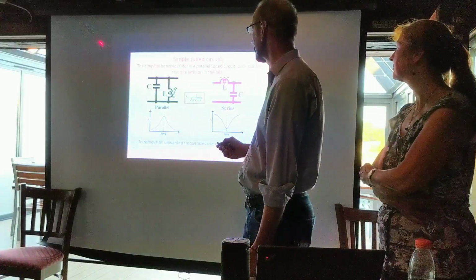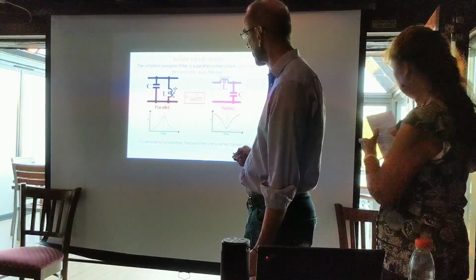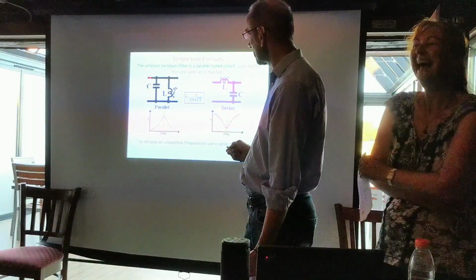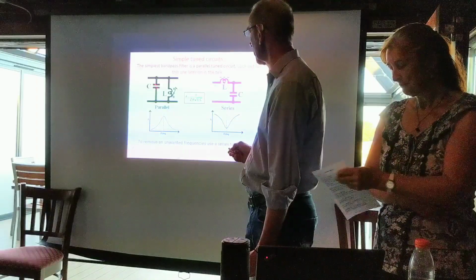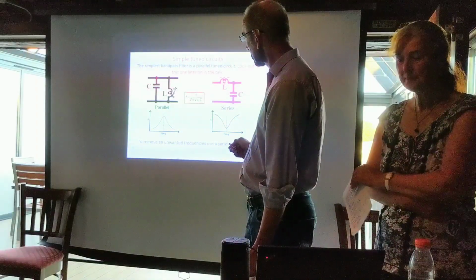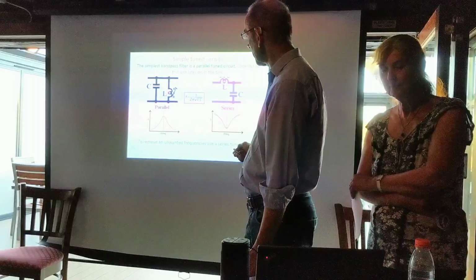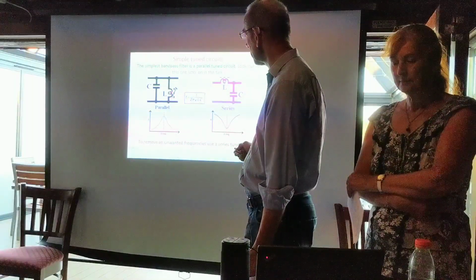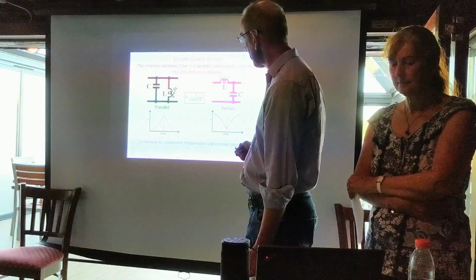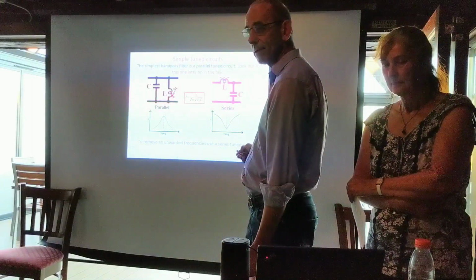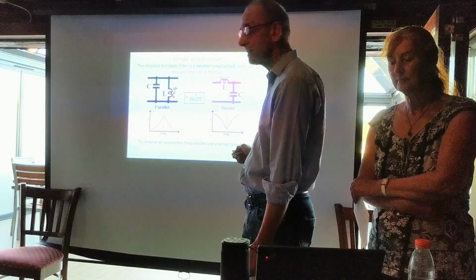Now, in a parallel tuned circuit, we have a capacitor and an inductor in parallel with each other. If you apply a short pulse of power to this circuit, it will charge the capacitor up. If there's a voltage across the capacitor, that will also appear across this inductor. And the inductor will start to take current and build a magnetic field. And the energy from the capacitor will be used to construct that magnetic field until such time as the capacitor's energy is depleted.